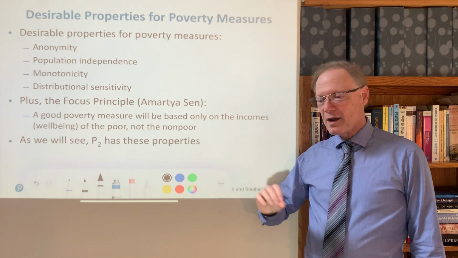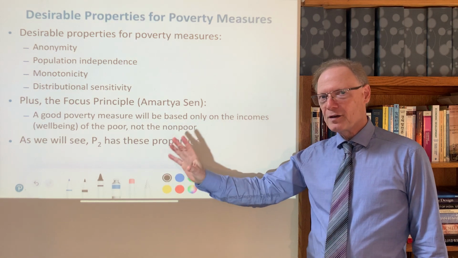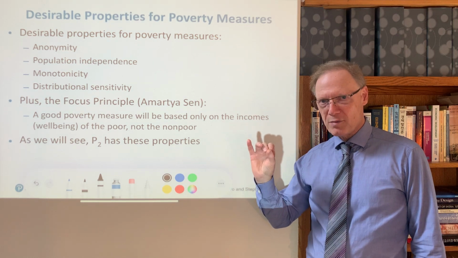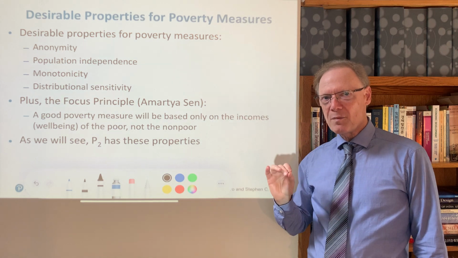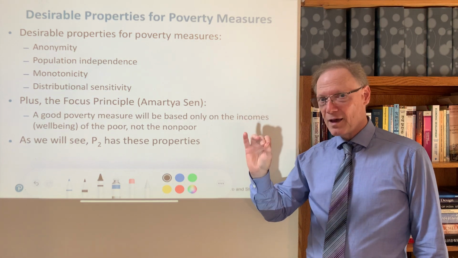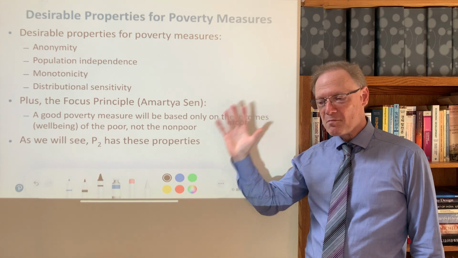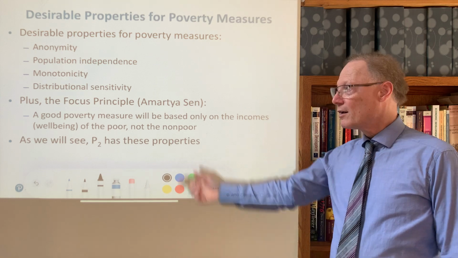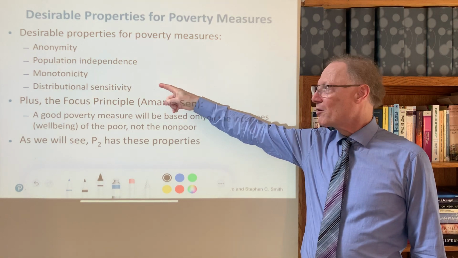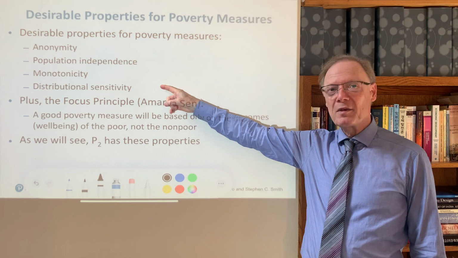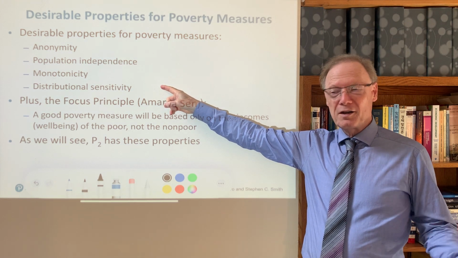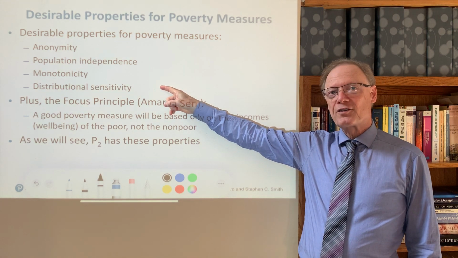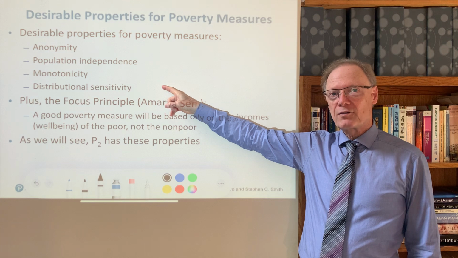The idea here is that, everything else constant, no one else's income changed, anytime that extra income goes to a poor person, that is to say someone who is below the poverty line, in any amount, then our measure of poverty in the economy has to fall as a result. That does seem like a no-brainer, but we're going to find out that the most commonly used measure of poverty, even in policy circles and certainly in the press, the fraction who are poor, does not satisfy even monotonicity.